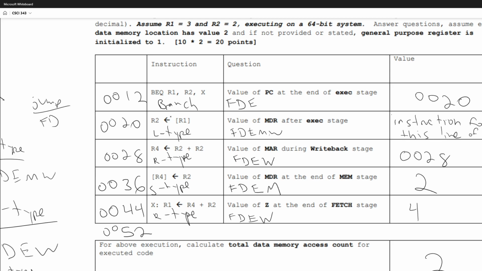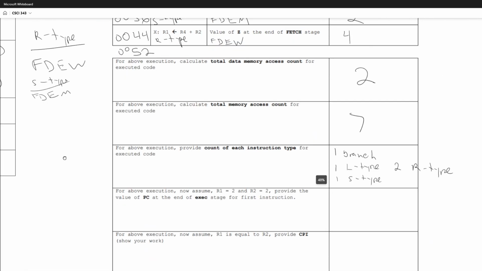So we have to update the PC to whatever the program counter is for that line of code for X. X is down here, which is 44. So it's going to be 44 here. Oh, wait. It says after the end of the exec stage, though. Fetch, decode, exec. Yeah, okay, after the exec stage. So it'll update the PC to 44.